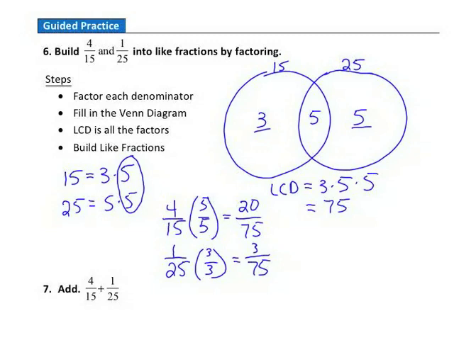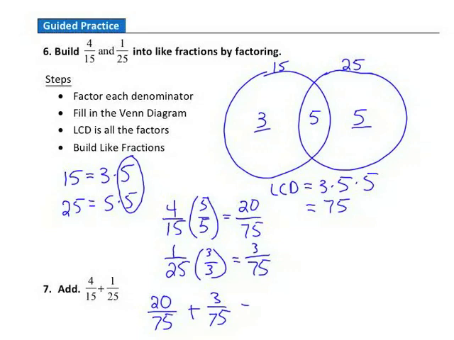Question 7. Add 4/15 plus 1/25. Well, we can't add them currently because they're not like fractions, but we can replace them with the like fractions we found in question 6. So we're going to replace 4/15 with 20 over 75, and we're going to replace 1/25 with 3/75.